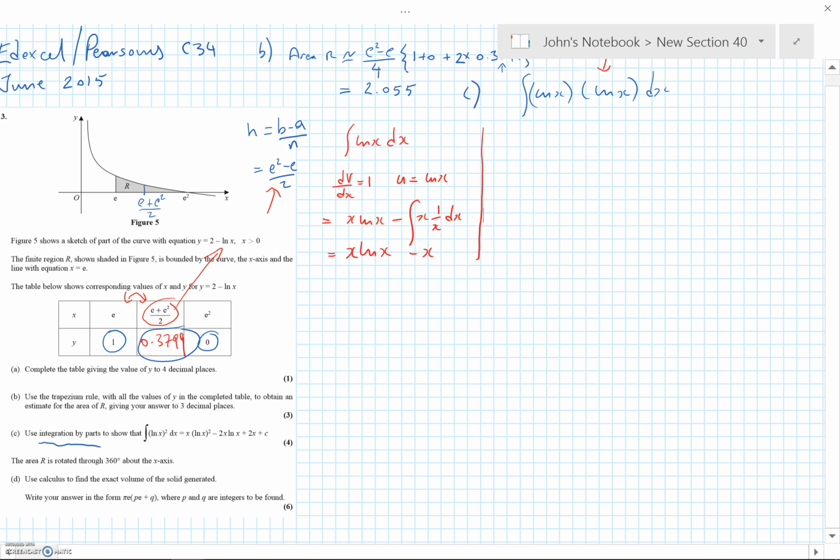So now, looking at integrating ln x squared, I can call one bit u equals ln x, and I can call my dv by dx also equal to ln x, and so that means du by dx is 1 over x, and v is equal to, and now we know that, x ln x minus x.